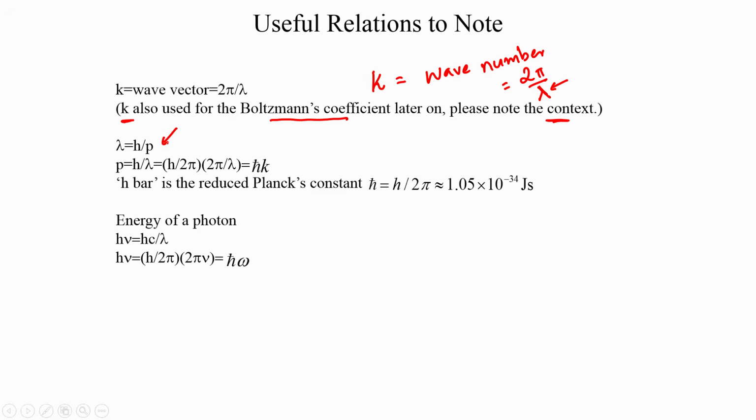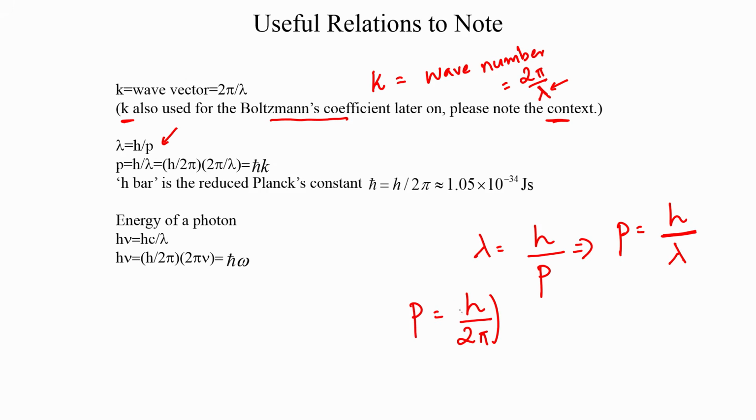The other important relation is de Broglie's relation, which says that lambda is equal to the Planck's constant divided by the momentum, and the momentum therefore can be written in terms of the wavelength as p is equal to h by lambda. Now, if you take this relation and you divide and multiply by 2 pi, you get h by 2 pi into 2 pi by lambda is equal to p.